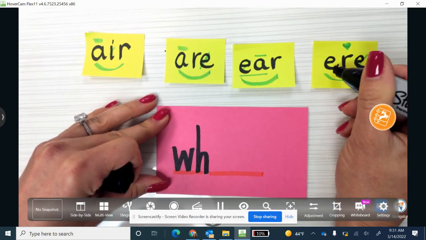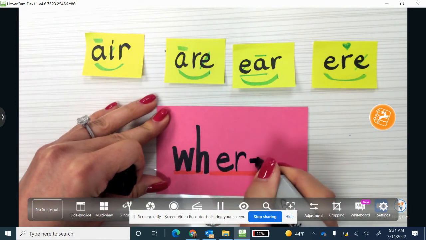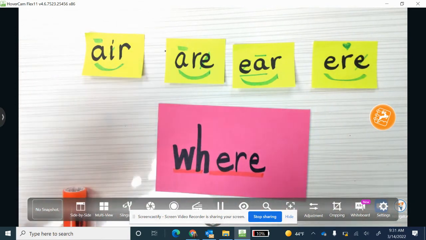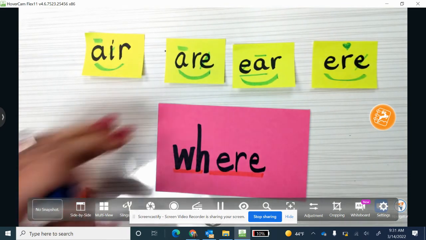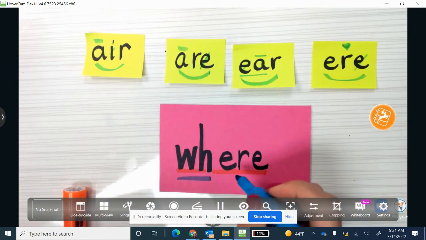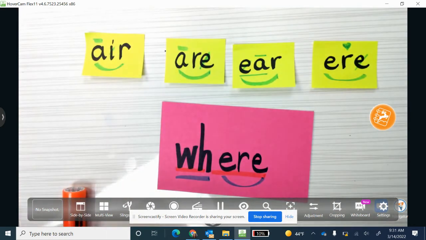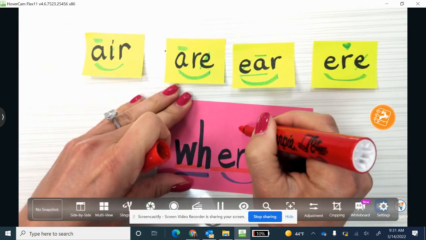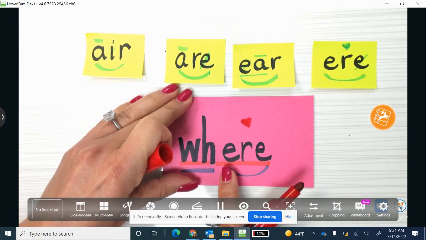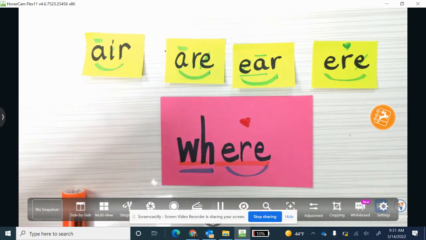Okay, and we are going to use the ERE pattern. Where? I'm going to code this one with a heart because this one's a little tricky. This is saying the long A sound. A. Where? Where?